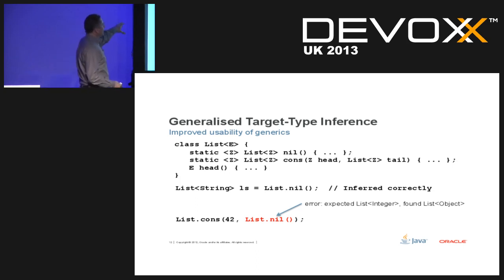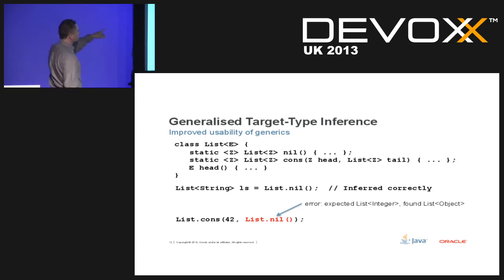However, if we do this little bit of code down here, we've got List.cons, which takes a head of type Z and a List of type Z tail. If I use the number 42 as my head and I use List.nil as my tail, this is not going to work in terms of type inference.